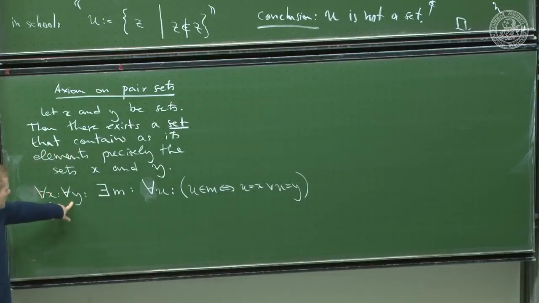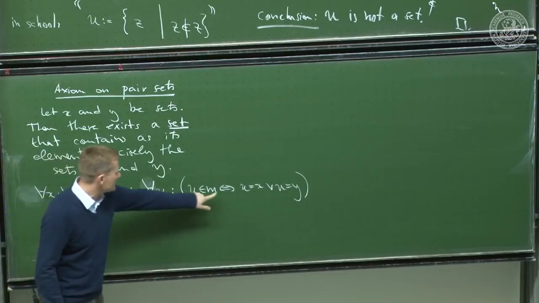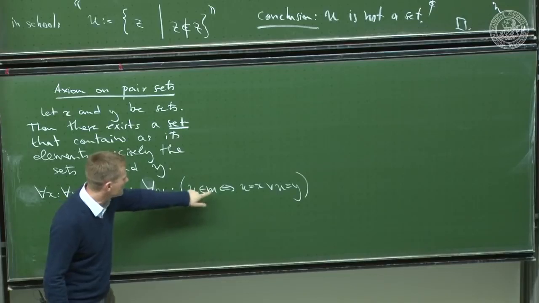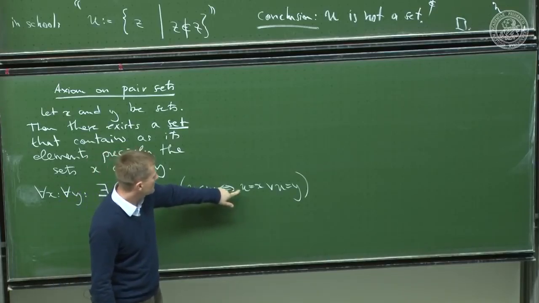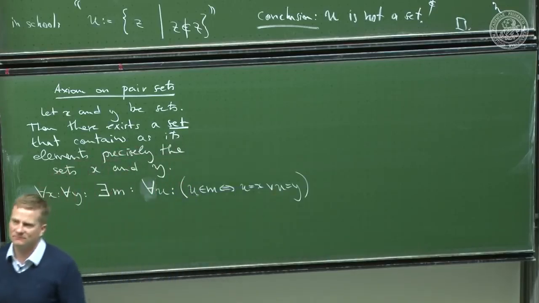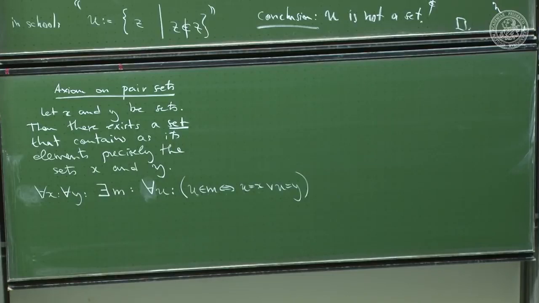For any sets, there exists a set such that its elements are precisely those that are either x or y. That would be the exact formulation.